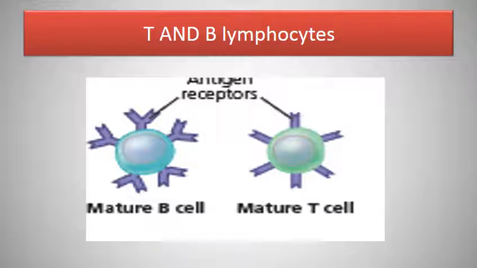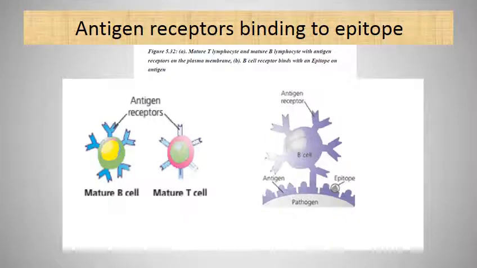Now in the mature B cell you find the Y-shaped antigen receptor, and in the T lymphocyte the structure is different. Here you find the mature B cell and the mature T cell with the antigen receptors, and you find the antigen receptor of a B cell binding to the epitope of that particular antigen.